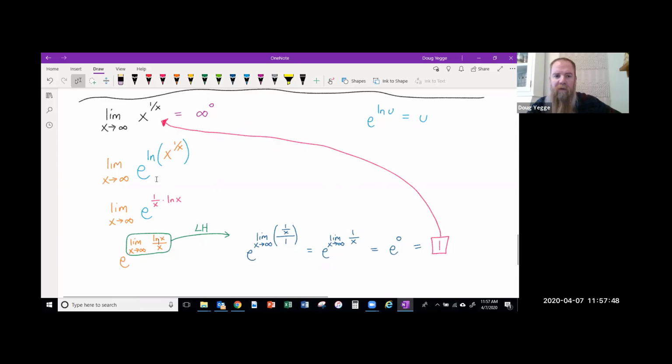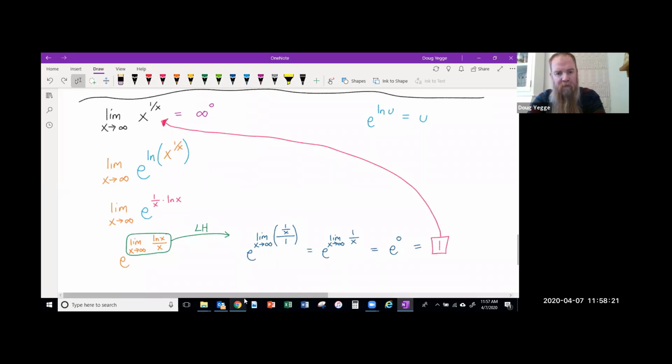But the way we were able to do that was by rewriting this as e to the power of the natural log of that function, which allowed me to get that power of 1 over x out of the power. And then we can apply L'Hopital's rule, and that's our answer. So you're basically going to be taking e to the power of whatever the limit of this natural logarithm is up top. This step is the key step in dealing with the indeterminate forms that are powers.